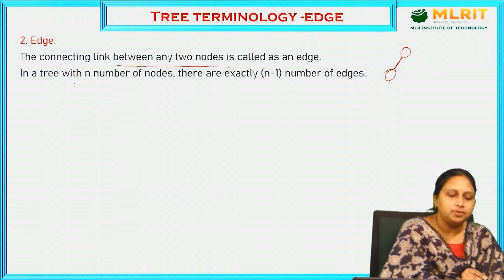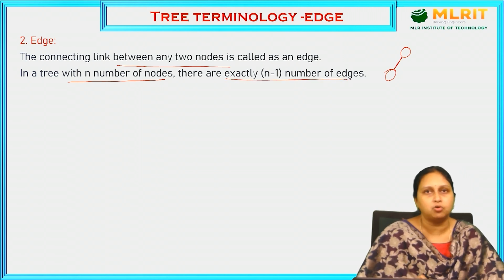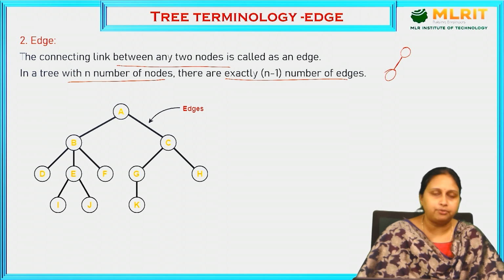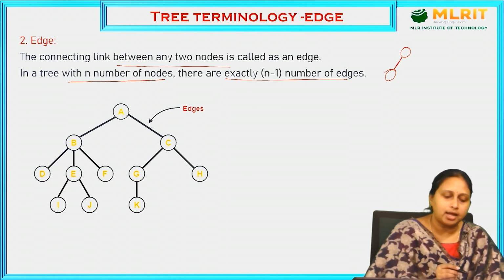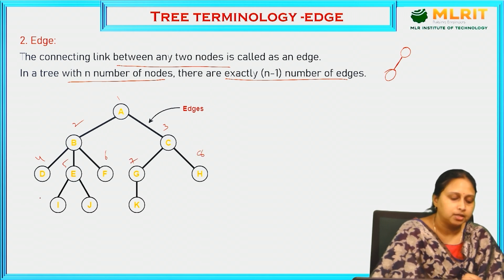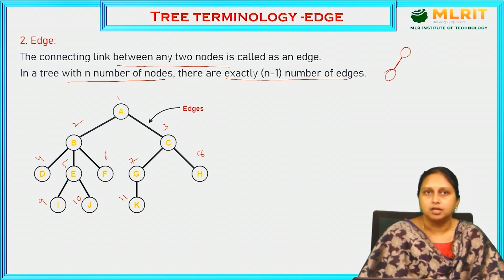In a tree with n number of nodes, there are exactly n minus 1 edges. Right? You can see here, this is a tree where how many nodes do I have? 1, 2, 3, 4, 5, 6, 7, 8, 9, 10, 11 nodes are there. I have 11 nodes, but how many edges do I have?